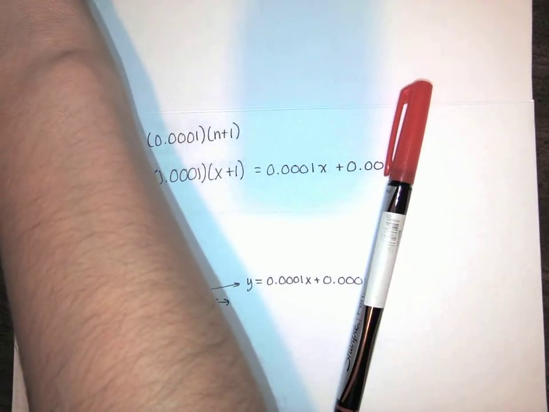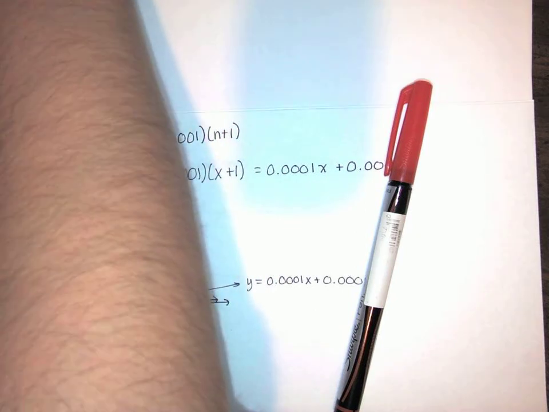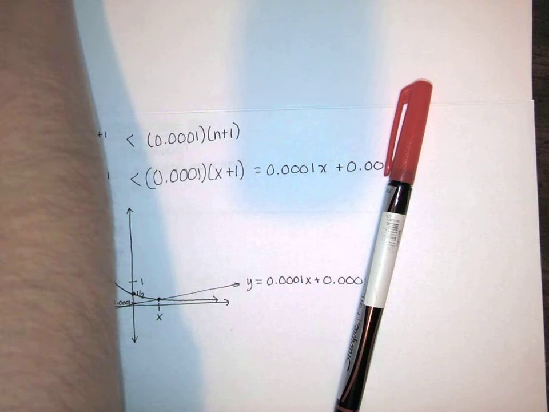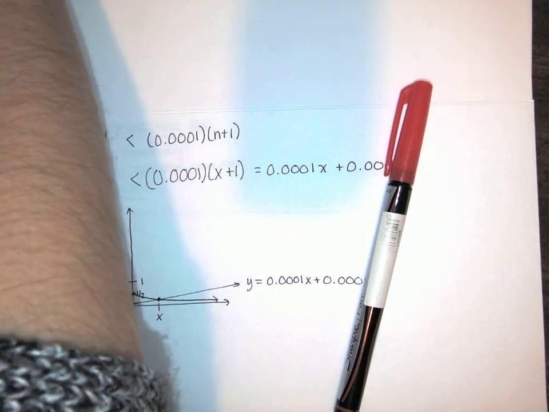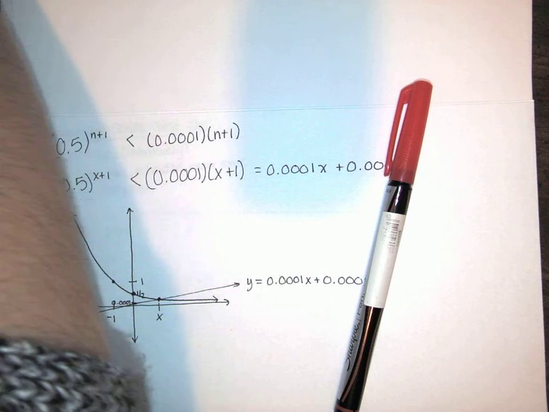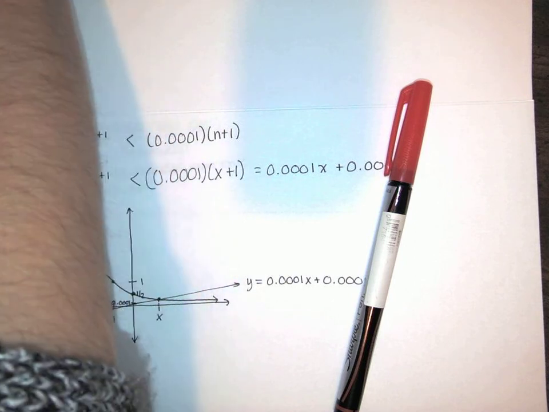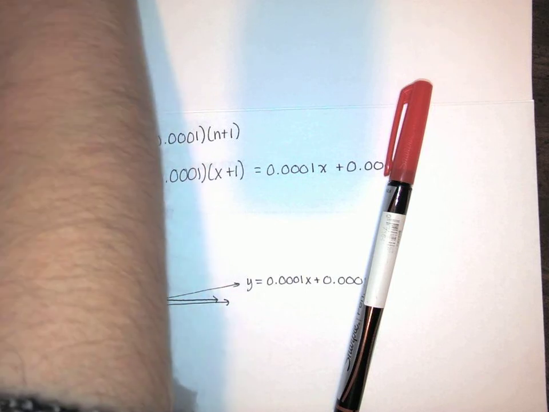But I'm going to find that x value. Actually, I'm going to go to Wolfram now. I'm just going to ask it to solve for me. Solve 0.5 to the x plus 1 equals 0.0001x plus 0.0001.